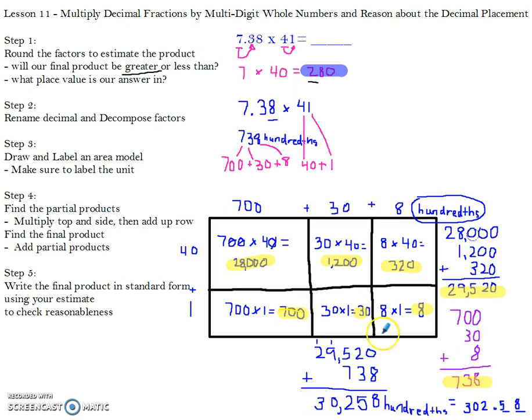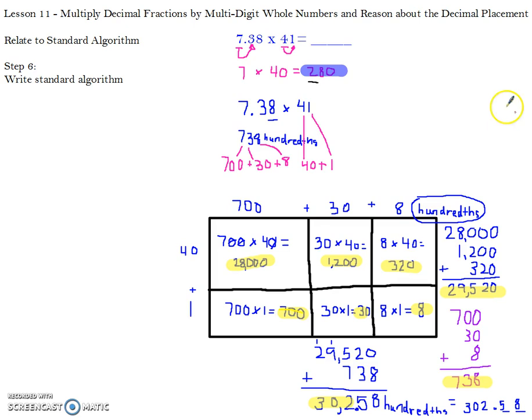So you can put your decimal in the appropriate place according to that. So hundreds, if we wanted to change that, would be 302. Then we would place our decimal here after our hundreds, which would give us the same answer as when we wrote it in standard form.